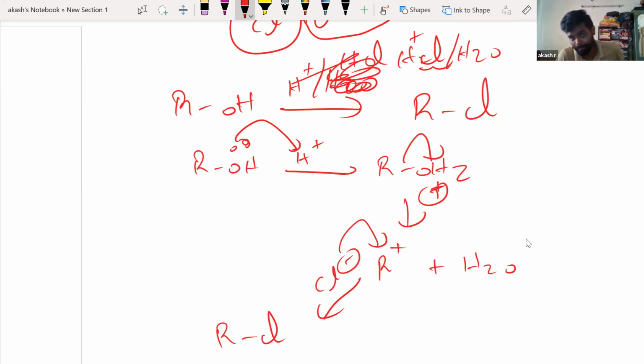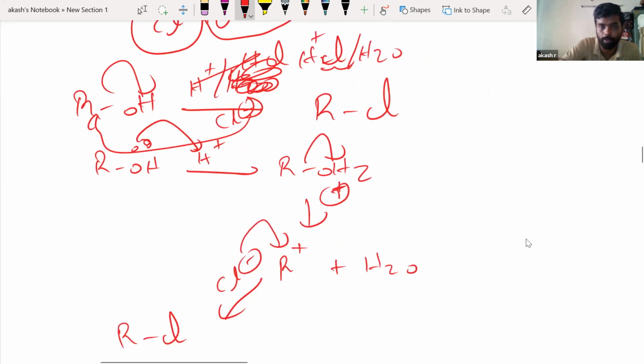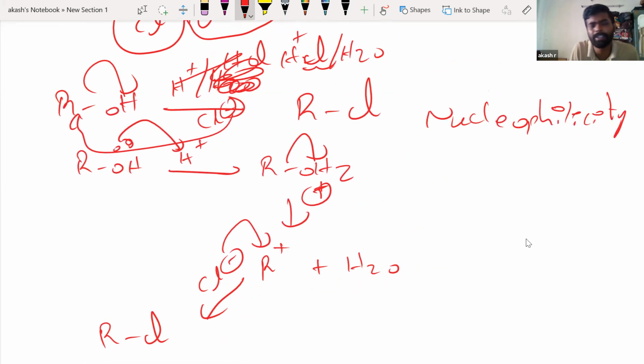Now remember, you cannot take Cl minus directly, attack here and remove the OH minus. You cannot do that. Why? Because there is something called nucleophilicity. Nucleophilicity means reactivity. It is the ability of the nucleophile to be a nucleophile, how much ability it has. We don't have to go into the details. All you have to understand is OH minus is a better nucleophile than Cl minus.